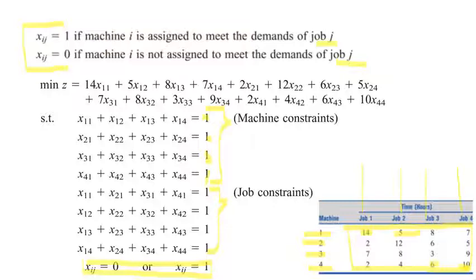So this is the linear programming formulation for the assignment problem. You can see it's very similar to the transportation problem, except that now the supply capacity for the supply points and the demand for the demand points are all equal to 1. Another thing is that Xij only allows the value of either 0 or 1.